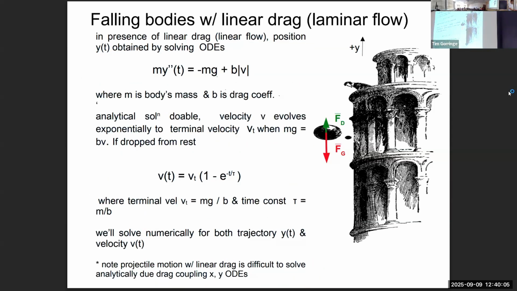So next two slides: one is to say a few more words about the linear drag force, the dust particle slowly falling towards the ground, and then one about the quadratic drag force and the golf ball flying rapidly through the air.